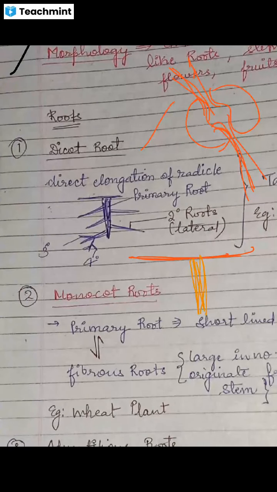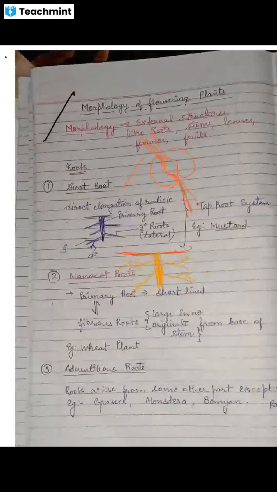Now, the roots arising from the primary root will be the secondary roots, and the roots from the secondary will be the tertiary roots, and then the fourth one. The dicot roots form the taproot system.